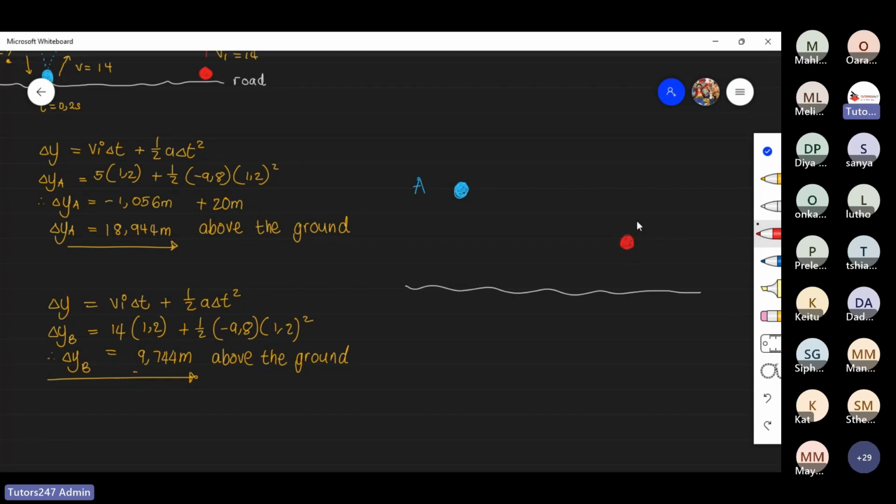So we need to calculate the height or the distance between the two balls. This is what we are calculating. We need to find that.